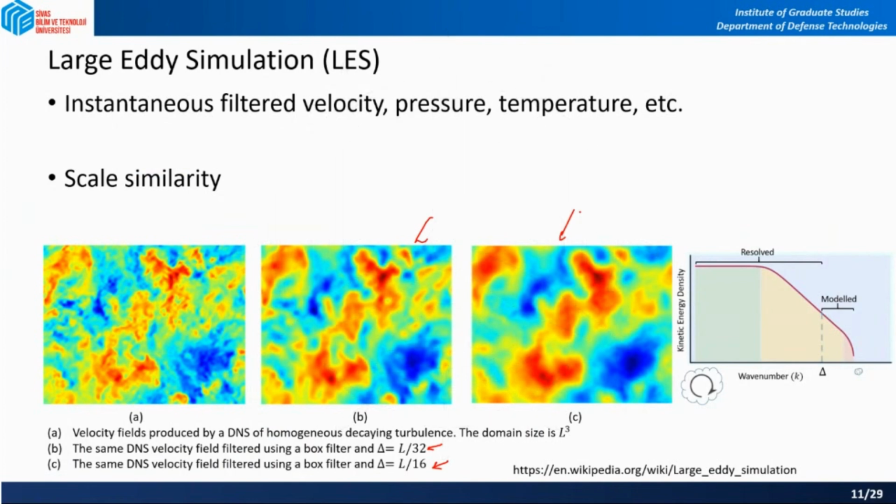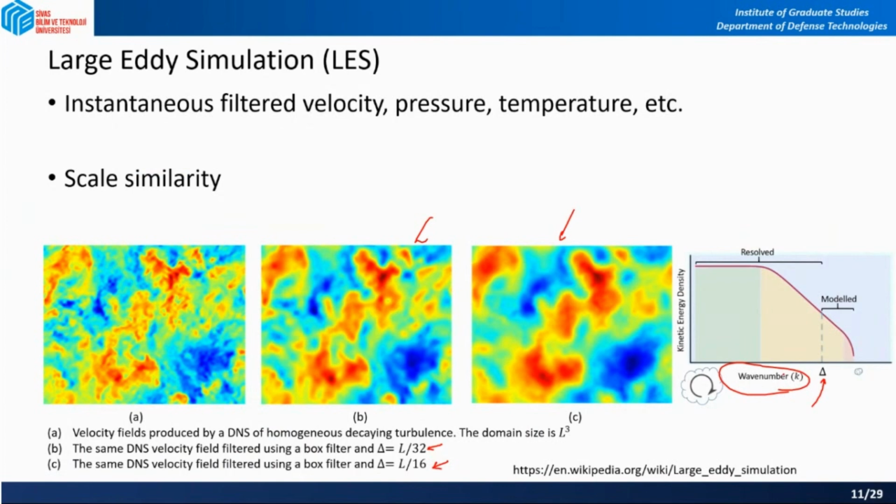So, what do we mean by the filters? They are basically a cutoff length scale, we said. It is a kind of wave number that we choose. For wave numbers smaller than the cutoff, which correspond to larger eddies, you resolve them.